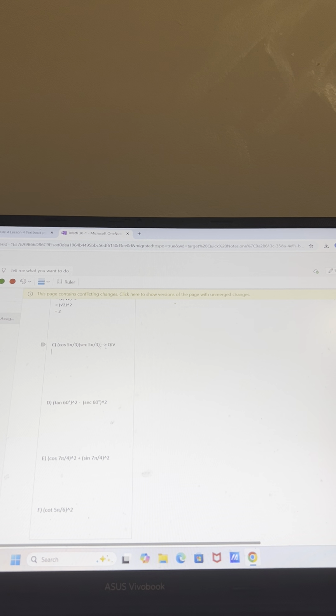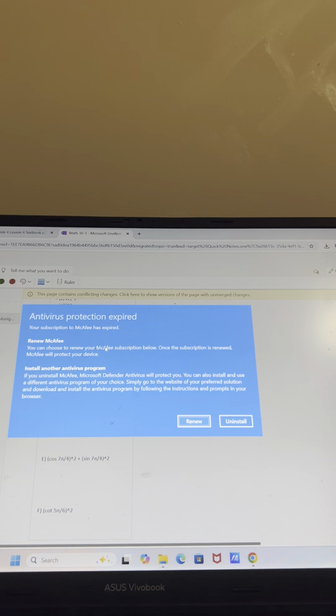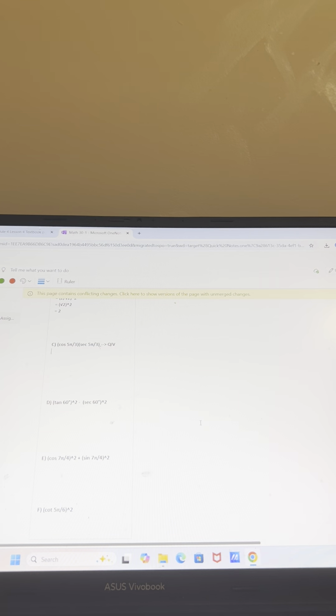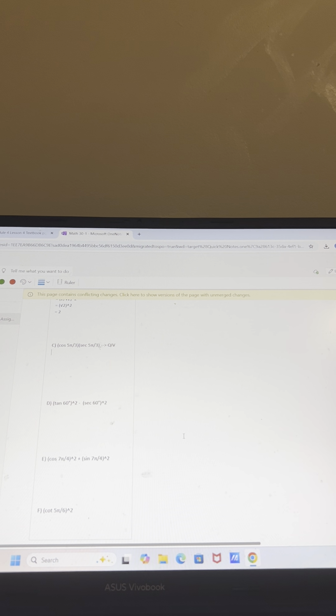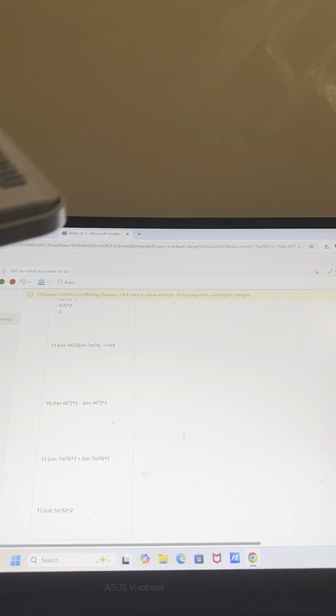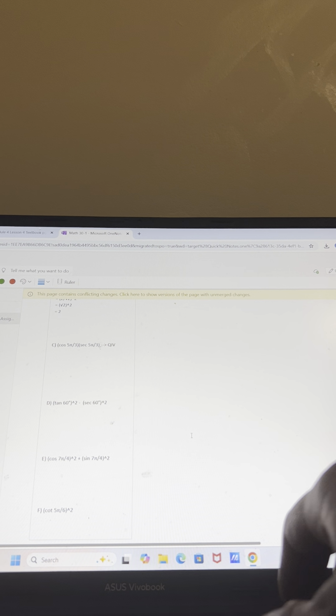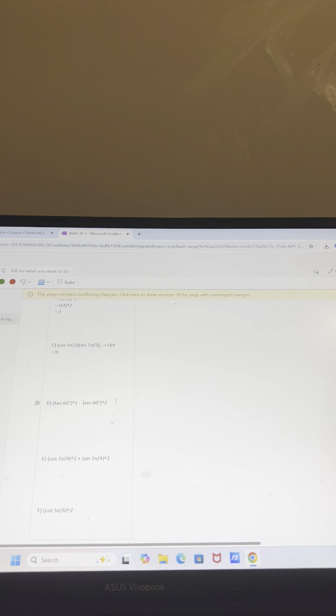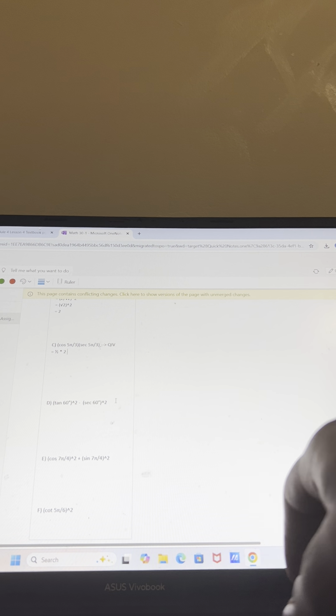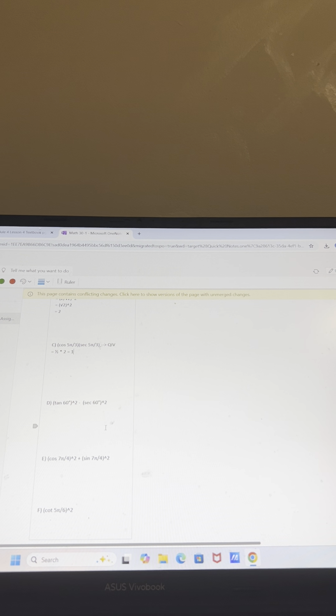I'm going to use the calculator to find cosine of 5 pi over 3, and it's going to equal 0.5. Secant is the reciprocal of cosine. So 1 over 2 equals 1 over 2, and since secant is the reciprocal, it's going to equal 2. So 1 over 2 times 2 is going to equal 1. And that's it for C.